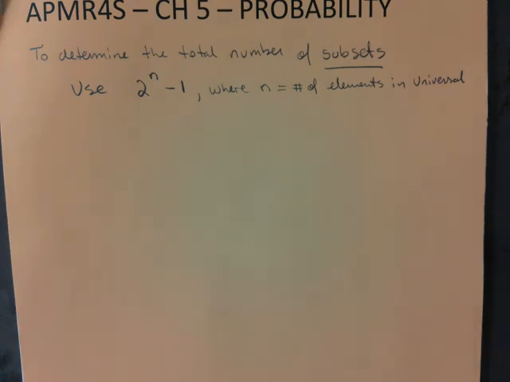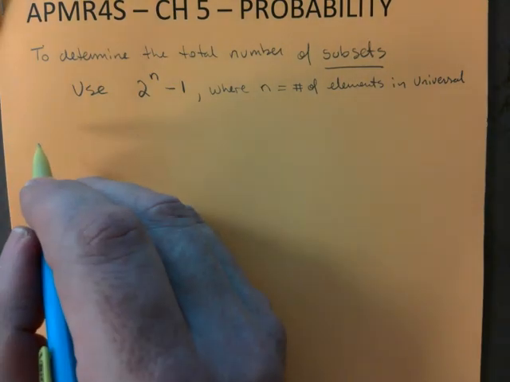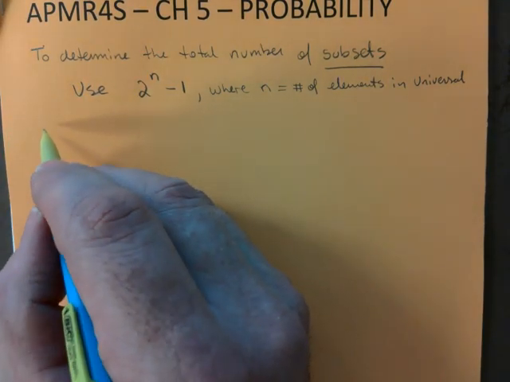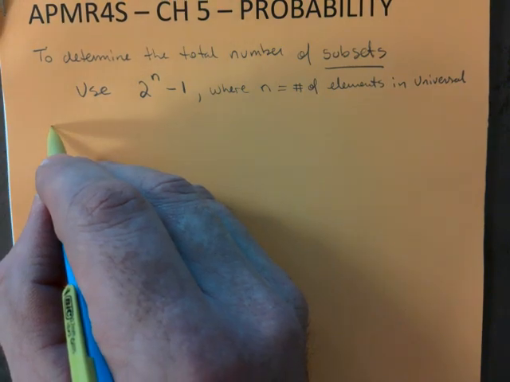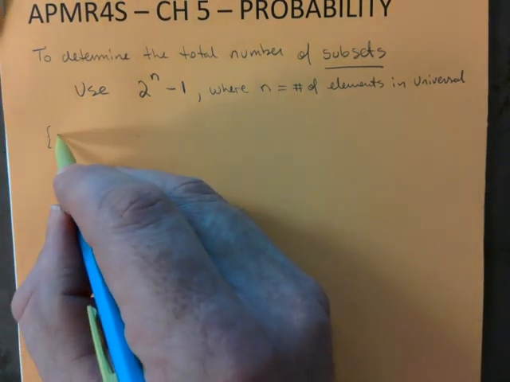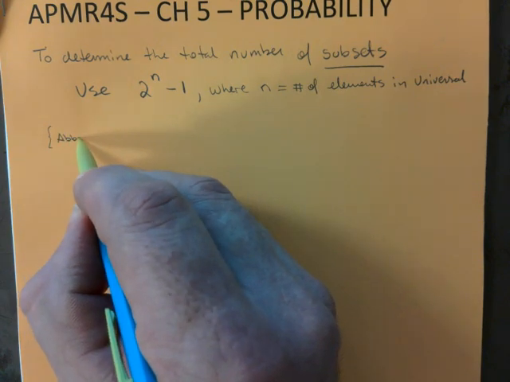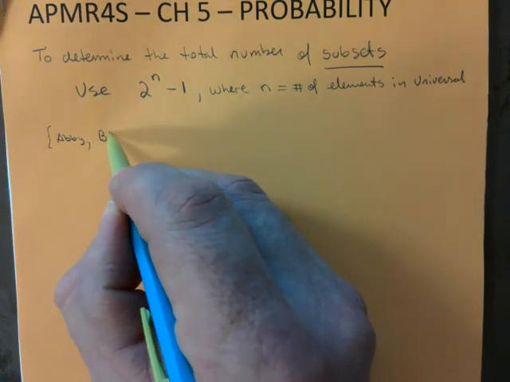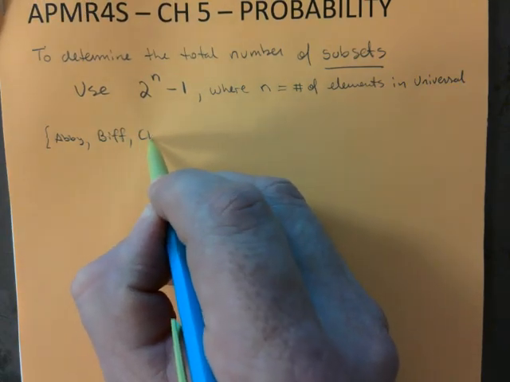What in the world does that mean? Okay, this is why I'm giving you this, because I was just thinking, let's say, for example, you have, let's just use this one, Abby, Biff, and Chip.